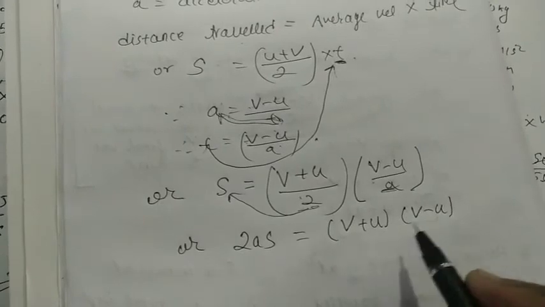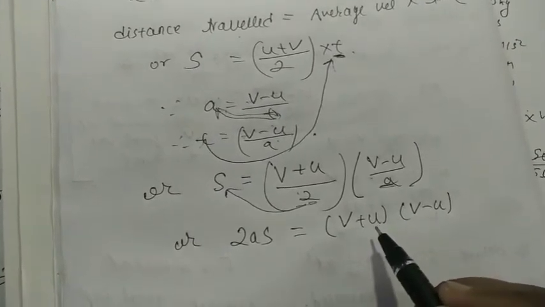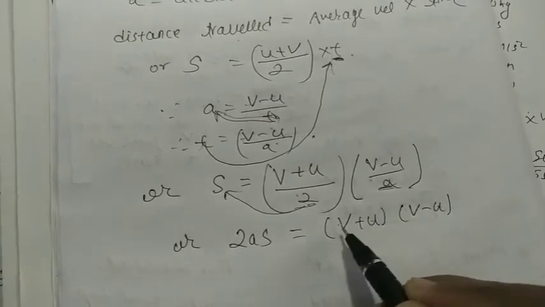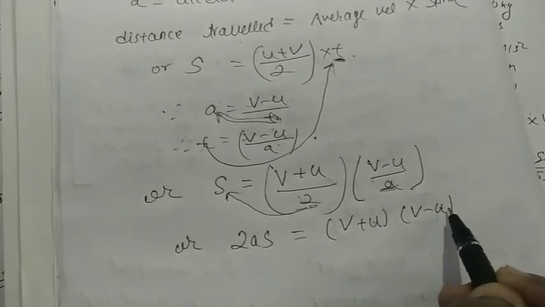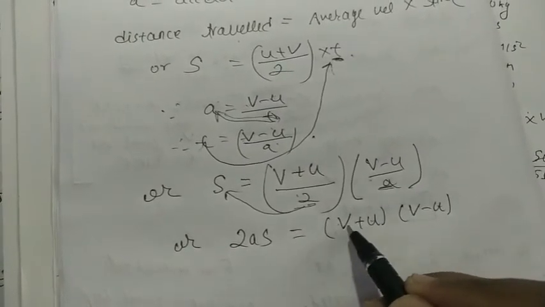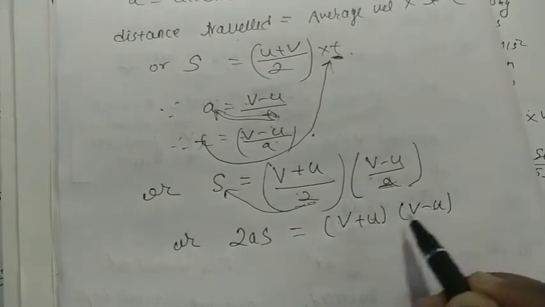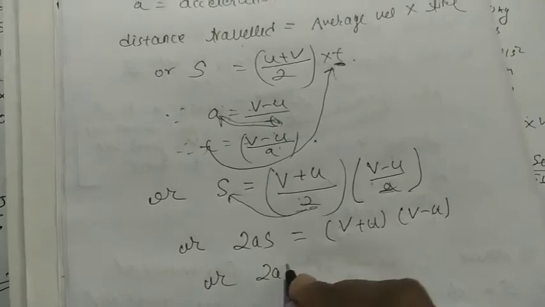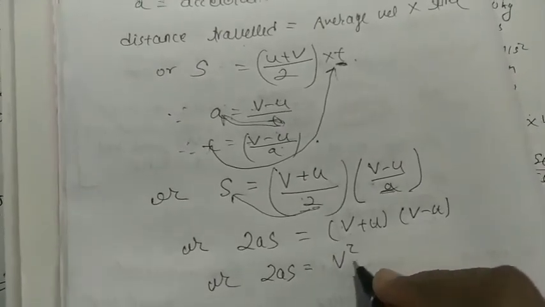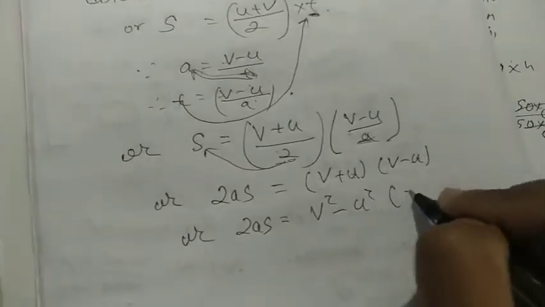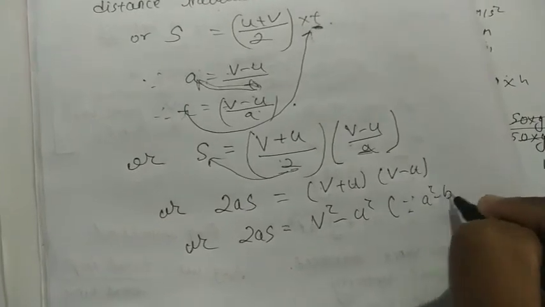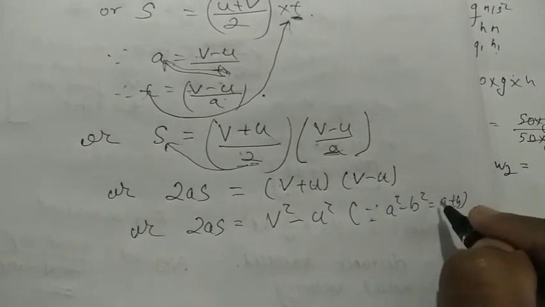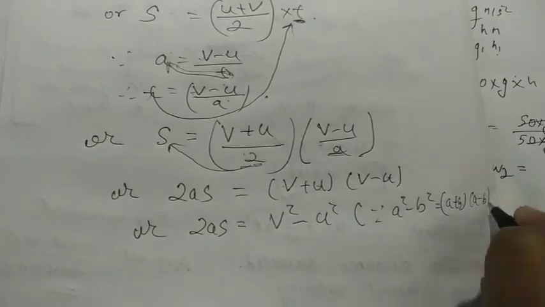Now it comes in the form of the formula a plus b, a minus b. a plus b, a minus b is a square minus b square. Therefore v plus u, v minus u will become v square minus u square, or 2as equals v square minus u square, since a square minus b square equals a plus b, a minus b.